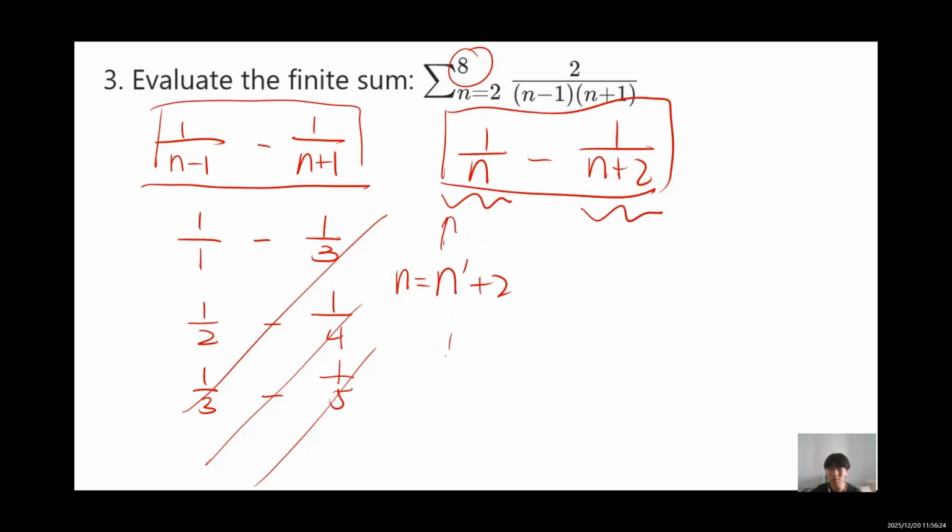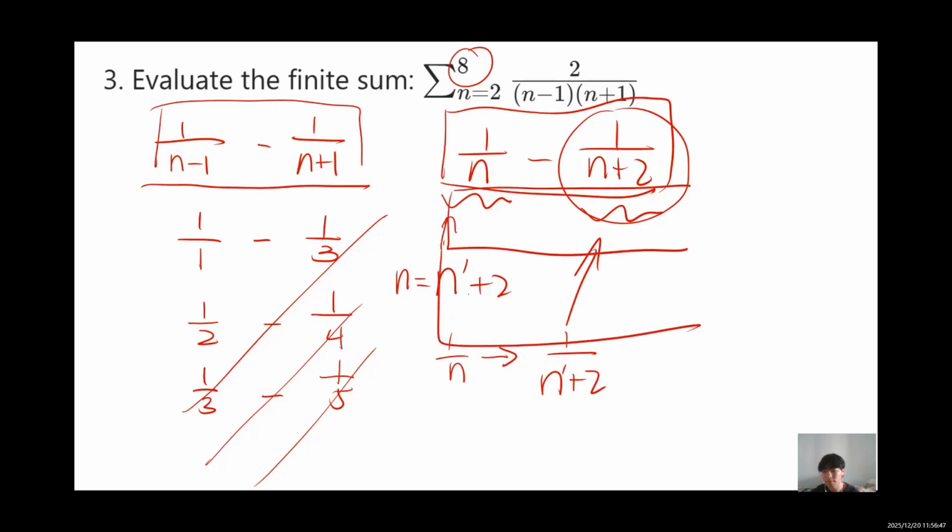Then this 1 over n became 1 over n prime plus 2. It's just like this one. So you minus n plus 2 in this term, and then you can add it back, n plus 2, later.